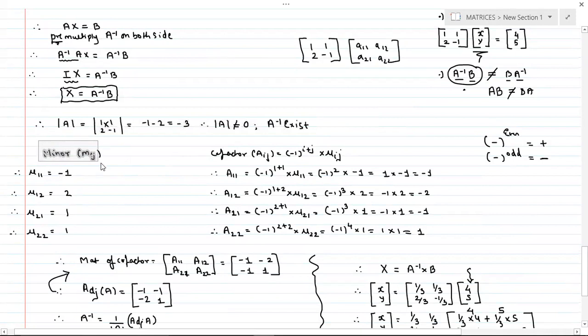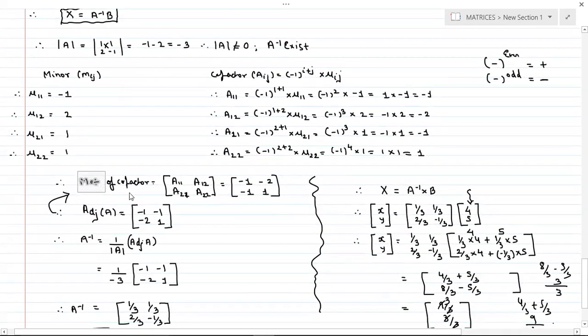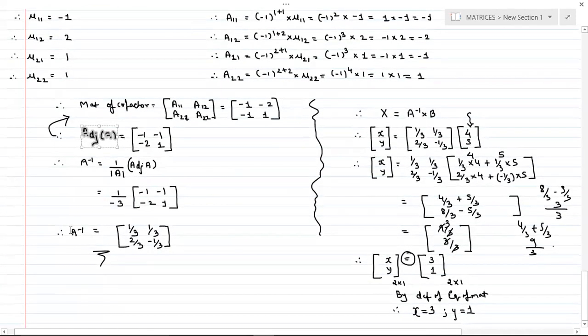Okay, so for this inversion method, as I told, you can do the elementary transformation method also if you want, but I will suggest solving the sum by using the adjoint method. It is safe and simple. So first you will find minor, then cofactor, then matrix of cofactor, then adjoint A, and the final answer you will get is A inverse.